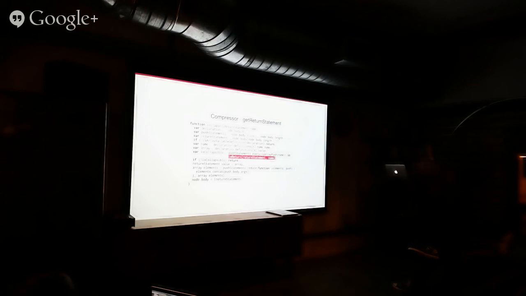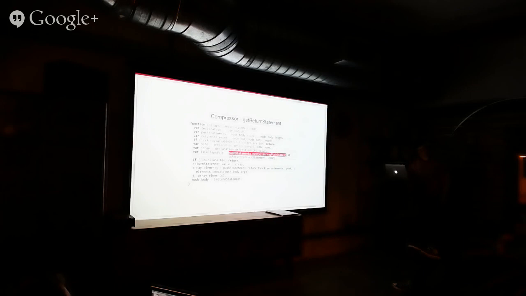And if every other statement in this list is a statement that says array.push some values, then we know that we can replace that with just a constant array. We can just define the array instead. So if it doesn't match those properties, we return, we don't change anything.